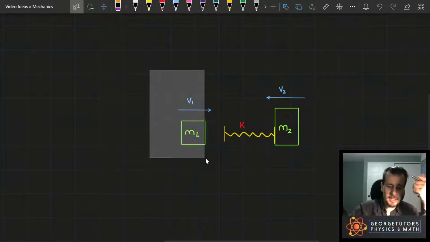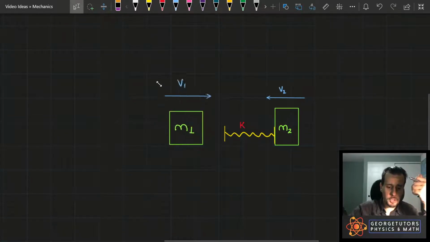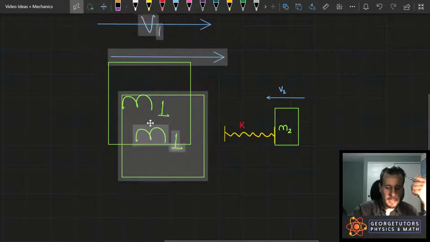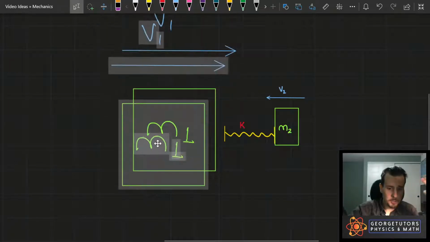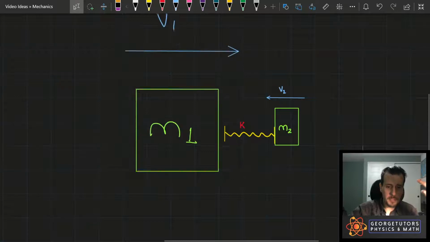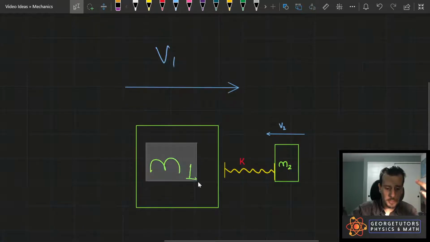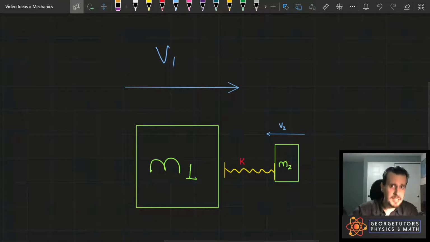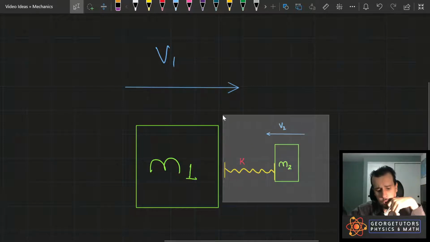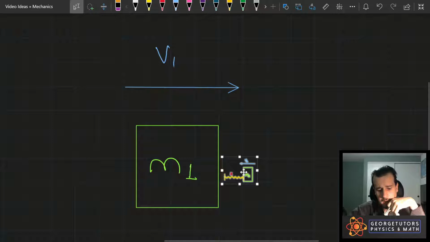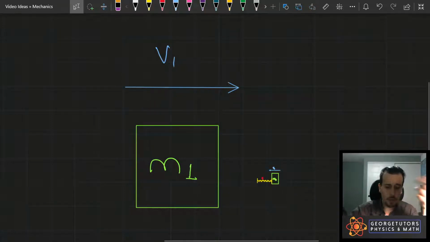Let's say I made M1 very big, and its velocity also very big, both quantities tending to infinity if you must. Then M2, as it's coming in, looks basically non-existent to M1.